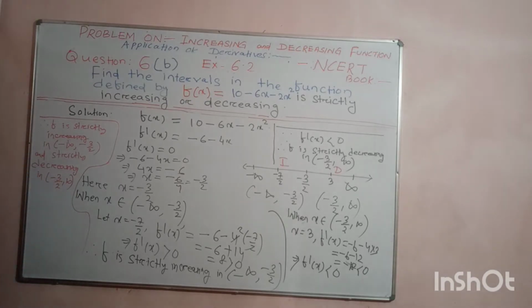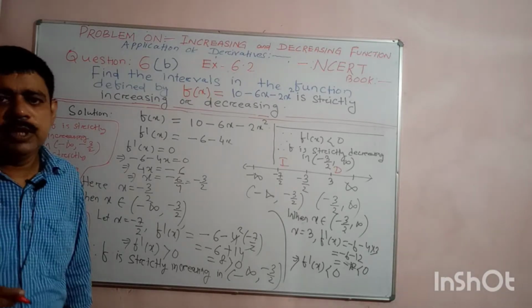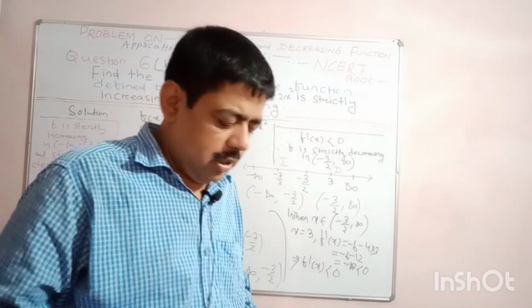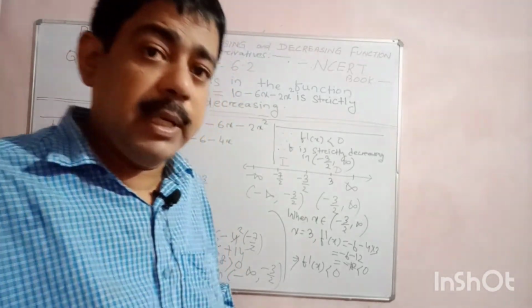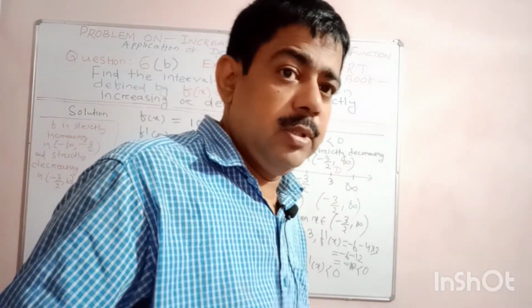Okay, understood? So this is how you have to find out the intervals in which the function is strictly increasing and strictly decreasing. Okay, understood? Just follow it.